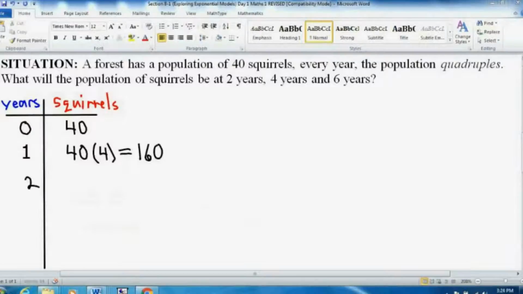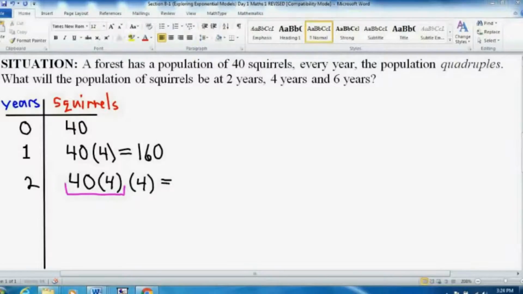In 2 years, the squirrel population will be represented as 40 times 4 times 4. And this expression represents the previous squirrel population, which was 40 times 4, which we consider to be 160.